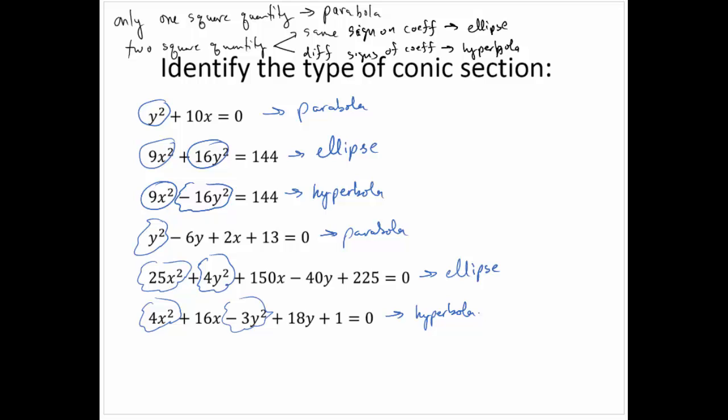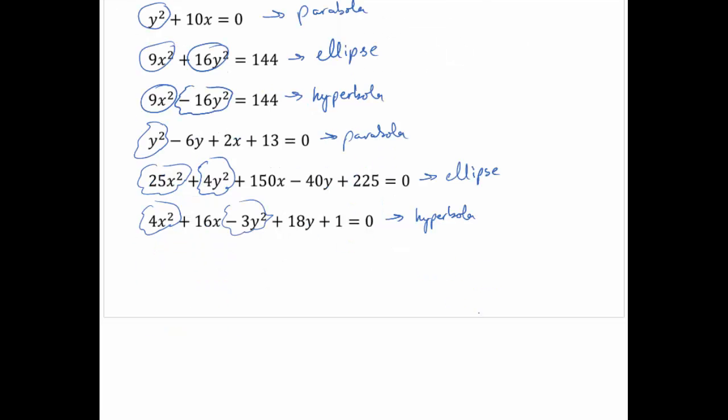Now, if we wanted to go further with those, let's take, for example, this last one, this hyperbola. If we wanted to get some understanding of what the graph looks like, then we have to do some completing the square to put the curve in standard form. So let's put it in standard form.